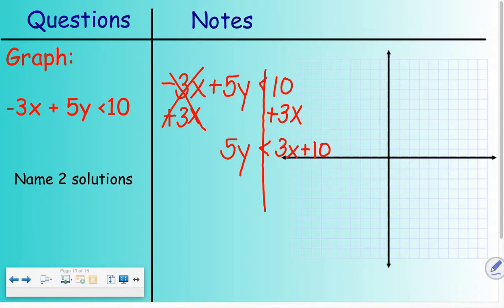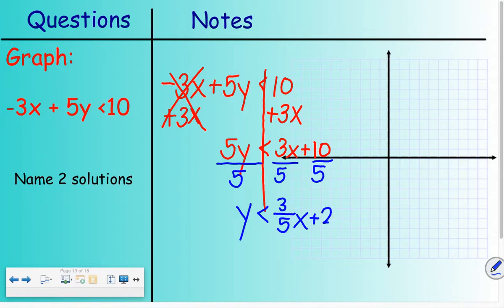And divide every number by 5. So we have y is less than 3/5 x plus 2. So if I graph this, put my first dot on 2, rise 3, run 5.